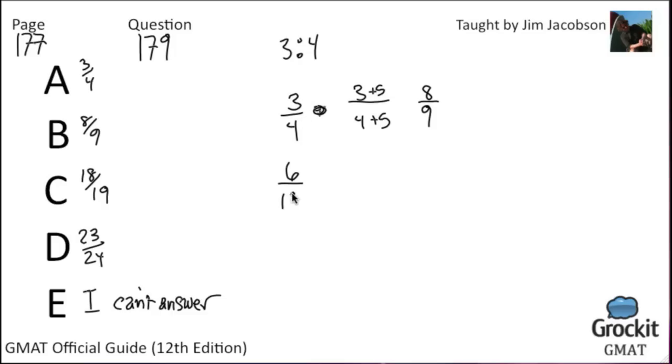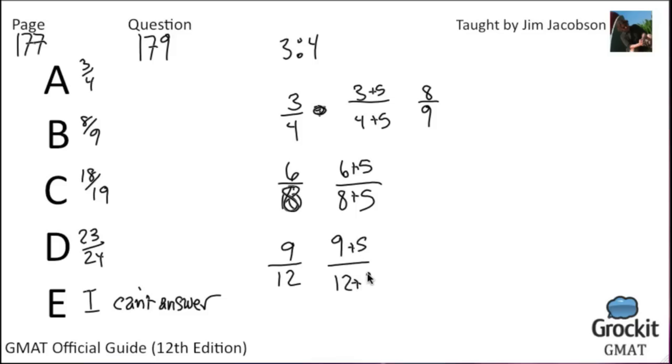If we start off with 6/8, that's double, and then triple would be 9/12. 6 plus 5 over 8 plus 5, 9 plus 5 over 12 plus 5.